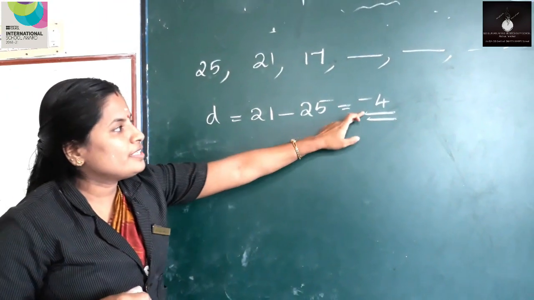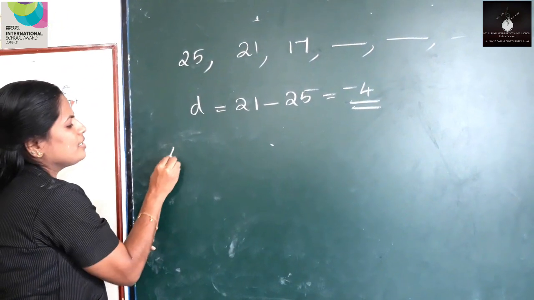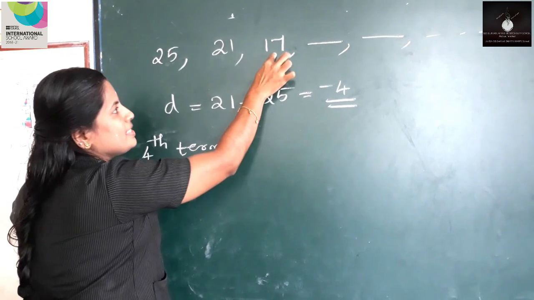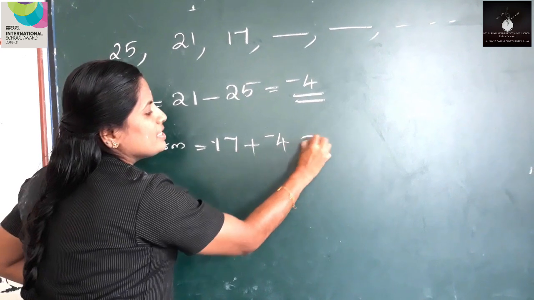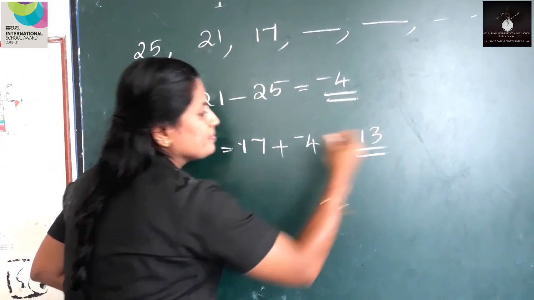So the common difference is minus 4. So what is the fourth term? Fourth term equal to 17 plus minus 4. 17 plus minus 4 is 13.